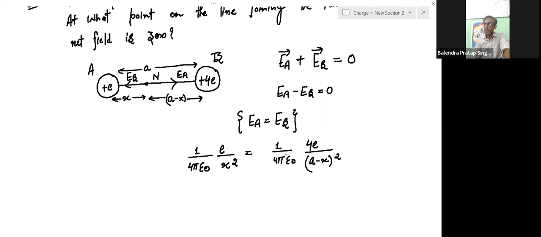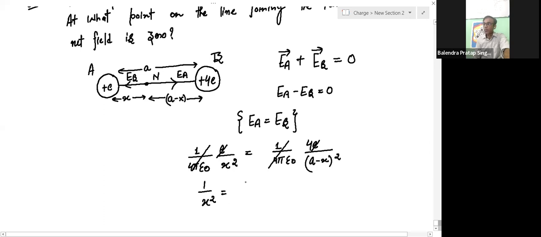The 1 over 4 pi epsilon naught cancels out, and the small e cancels out. What remains is 1 over x square equal to 4 divided by a minus x the whole square.